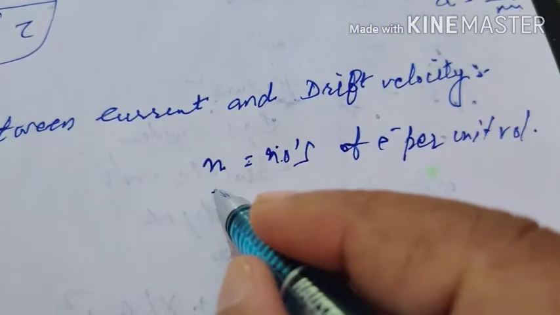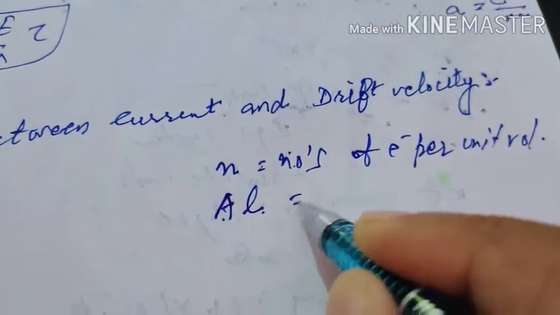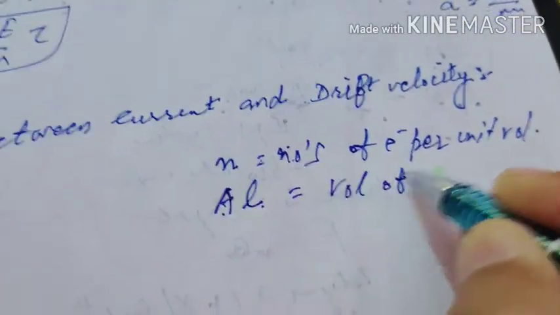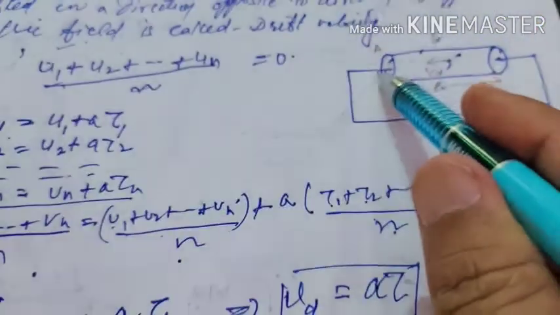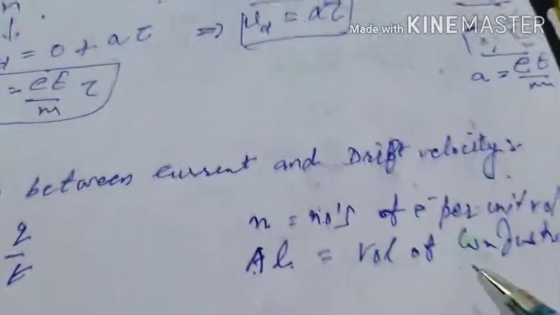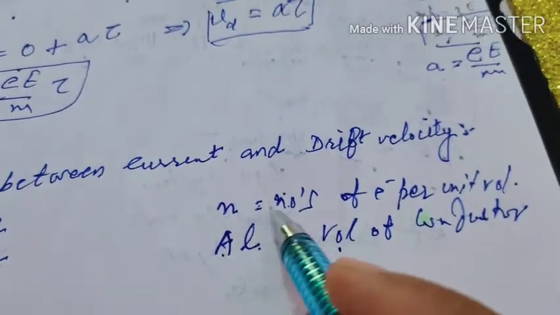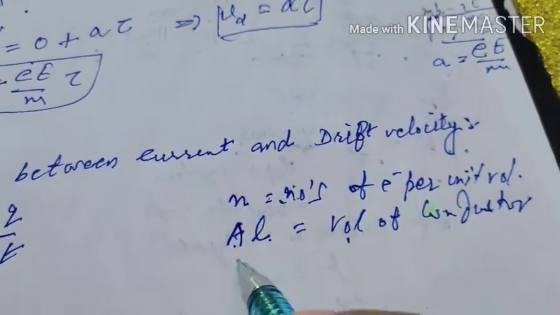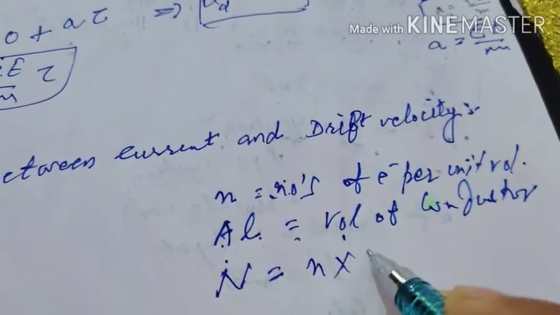So cross sectional area of conductor is A and length is L. So area into length is volume. This is volume of conductor. You can see cross sectional area is A, length is L, so volume is area into length. So this is number of electrons per unit volume, and this is total volume. So total number of electrons is n into AL.